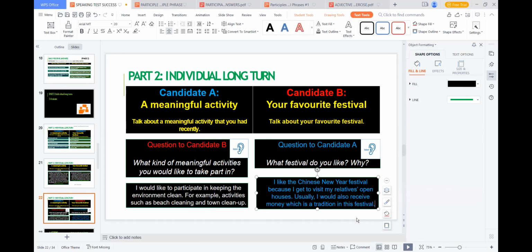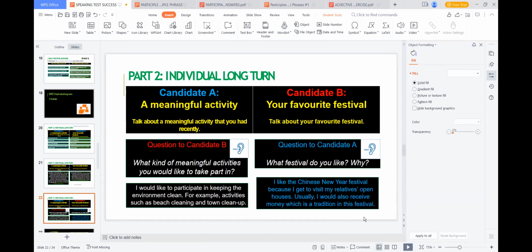You can say, normally it is those who are married who give the ang baos to those who are still single. Okay, you can add on information to help the interlocutor understand your ideas and your ability to elaborate more. Okay, for this one, I gave a very short answer, but actually you can still elaborate a little bit more, maybe one or two extra sentences.